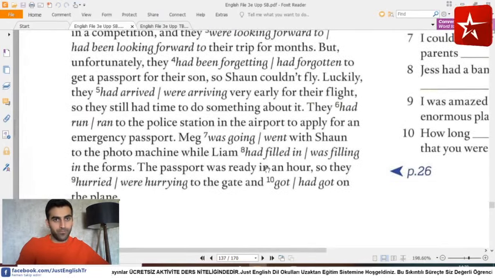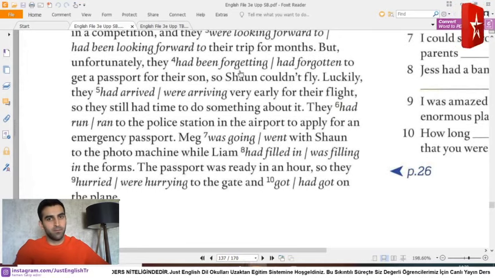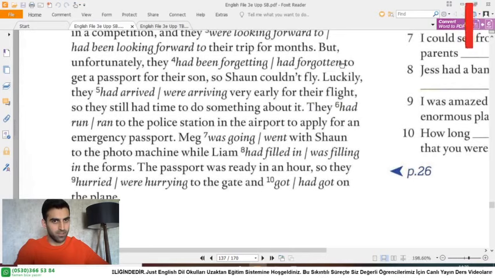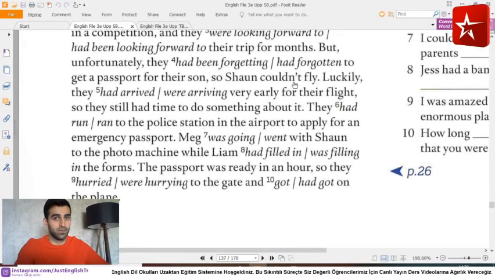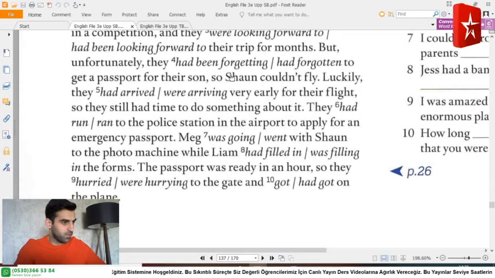Number 4, but unfortunately, they had been forgetting or they had forgotten to get a passport for their son, so Sean couldn't fly. Okay, for number 4, had forgotten. Why, Elena? Why did you choose had forgotten? I really wondered about your answer.